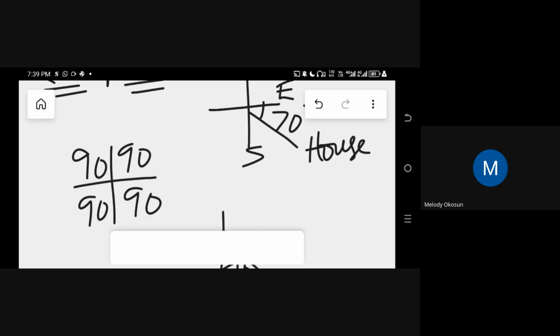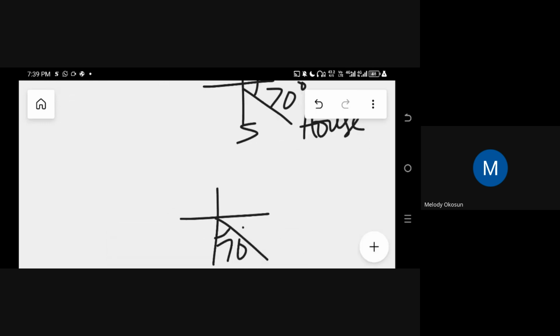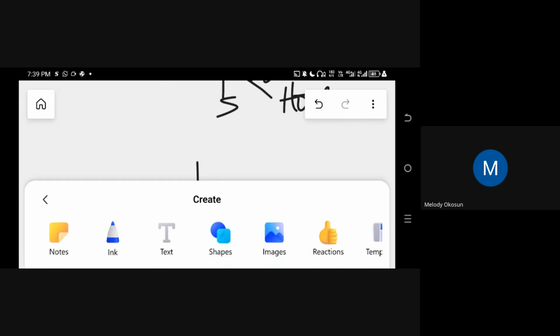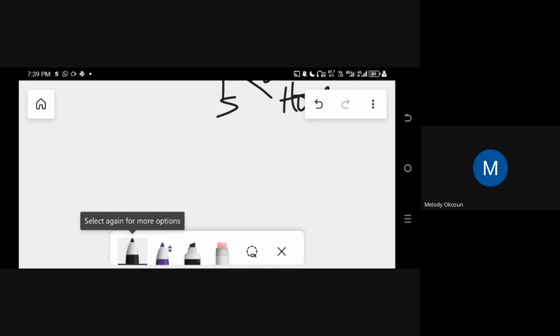So the result you're supposed to say here is, you have this at 70. You will look for the balance, which will be 20, to complete the 90.